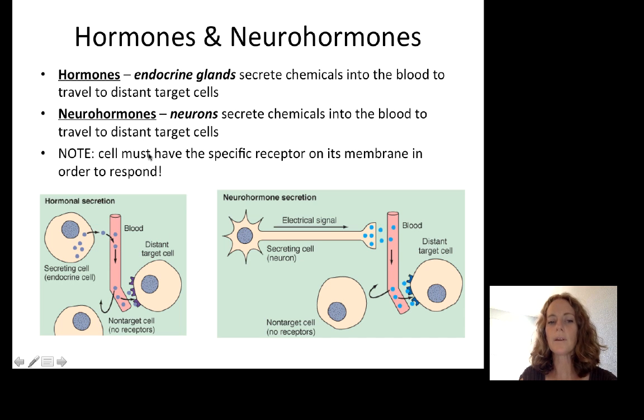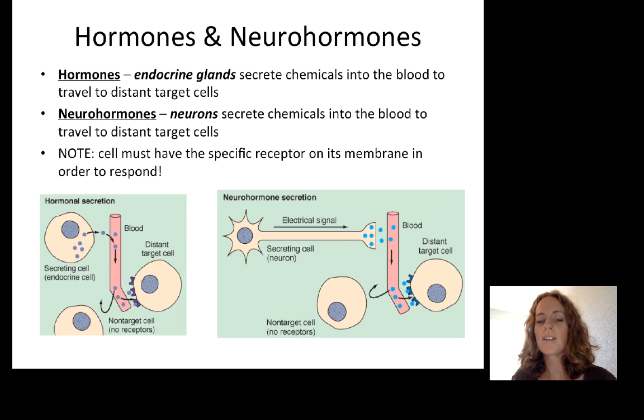Neurohormones are very similar, but instead of an endocrine cell coming from a gland, these secretions are coming from neurons. So rather than calling these neurotransmitters coming from neurons, because they go into the blood, we're classifying them here as neurohormones. But you will see different textbooks just refer to these as neurotransmitters as well.